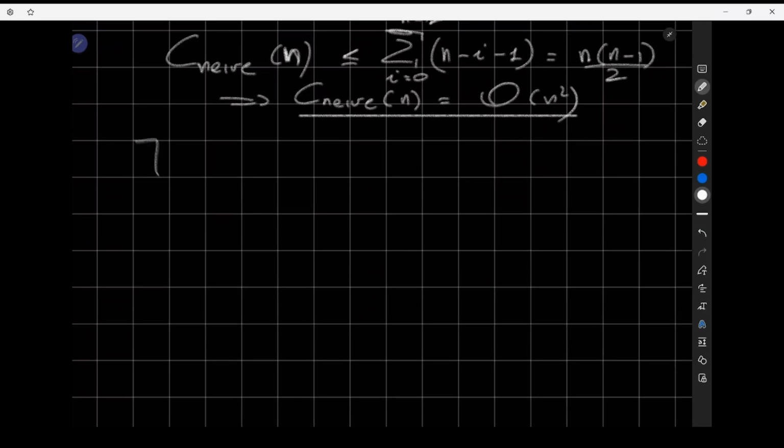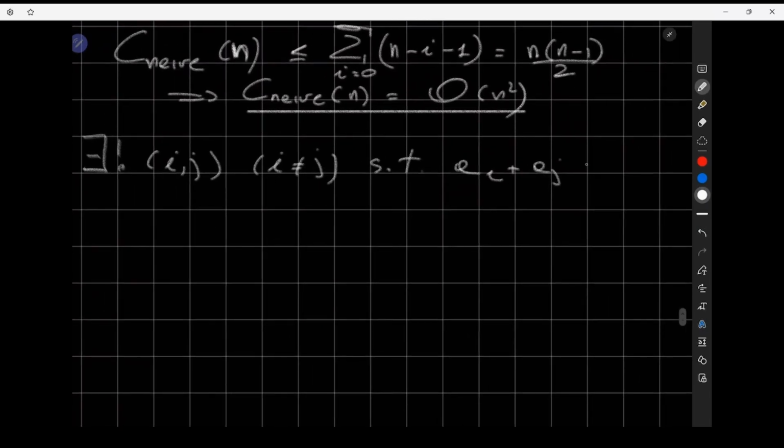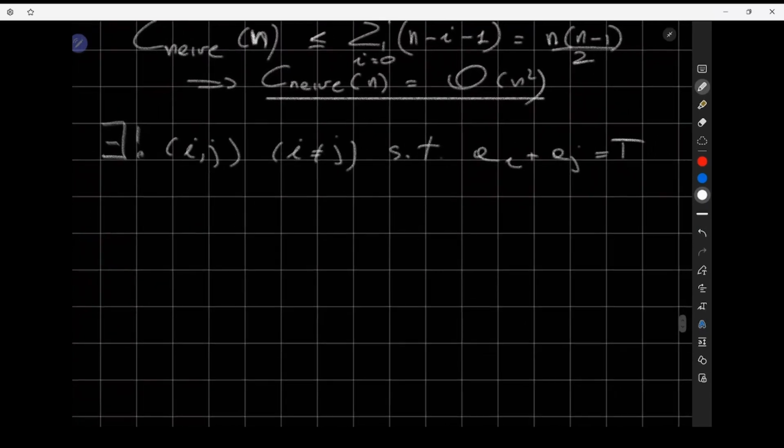So we know that there exists a unique pair ij, again up to order, with i different from j, such that ai plus aj is equal to this target value. Obviously, this implies that there is an index i for which there is an index j, still with i different from j, such that aj is going to be equal to the target minus ai.